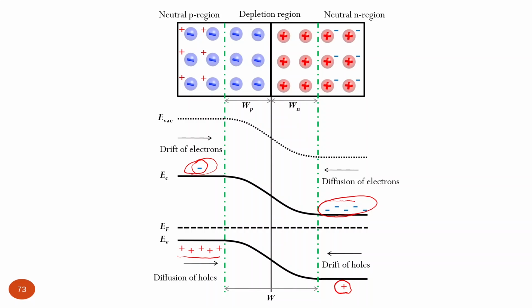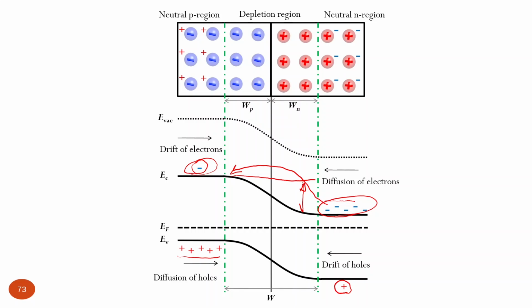electrostatic potential distribution within the depletion region, and that results in a potential barrier for the diffusion of majority charge carriers. So the reason why we have a high concentration of majority charge carriers on one side and still a small diffusion current is this potential barrier. The charge carrier should go over this potential barrier in order to go from the neutral n region to the neutral p region.